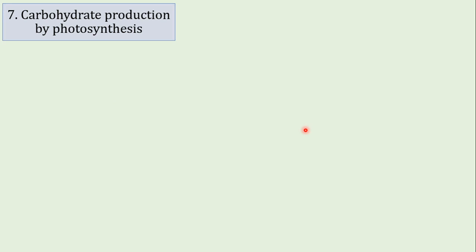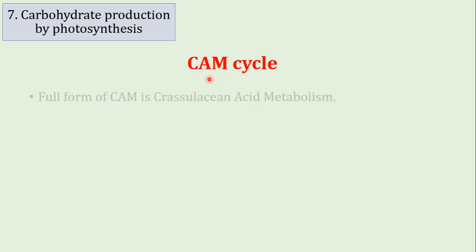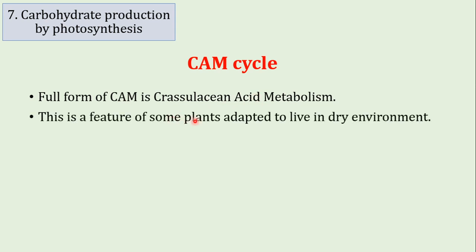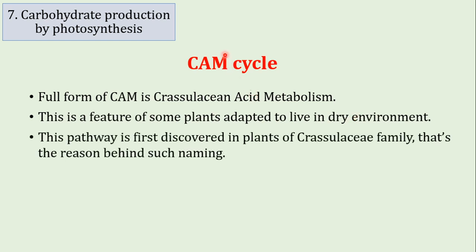Now we will talk about the CAM cycle. The full form of CAM is Crassulacean acid metabolism. This special type of carbon reduction process is an adaptation mechanism of plants living in dry environments. Why is this cycle named such?